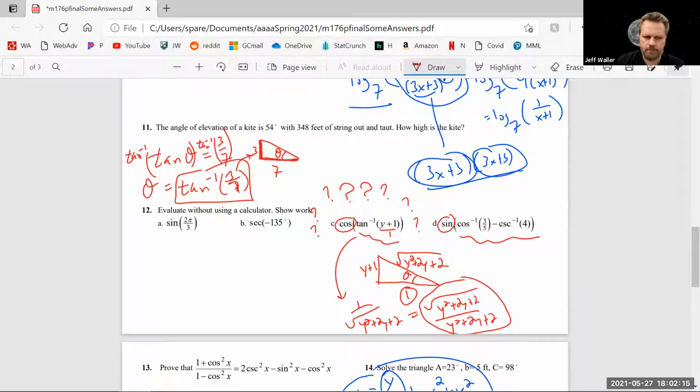Okay. Now, how is D the same but different? I think you would agree that this is both worse and better. It's better because don't I have numbers in here? Even for our level, it's nice when we have numbers instead of letters. But why is it obviously worse?